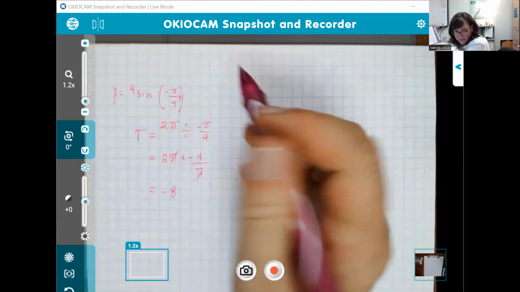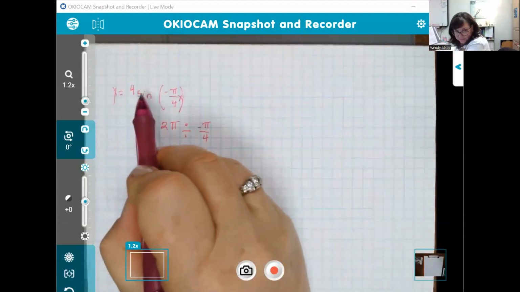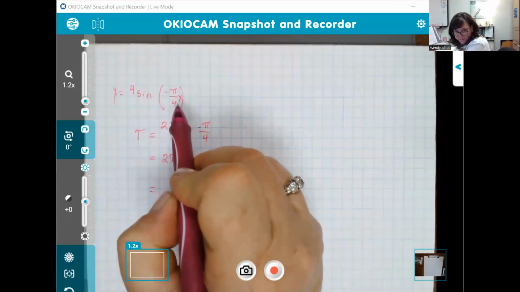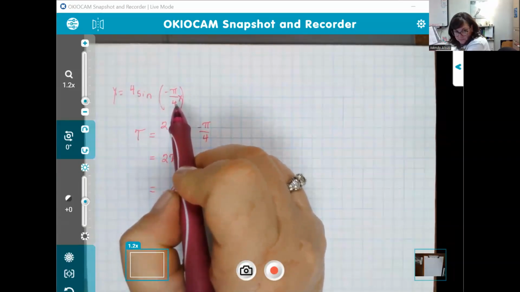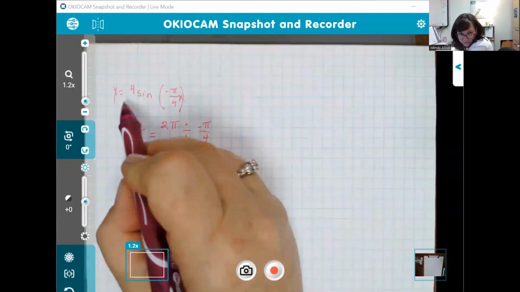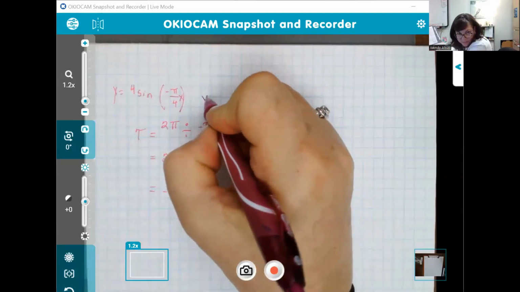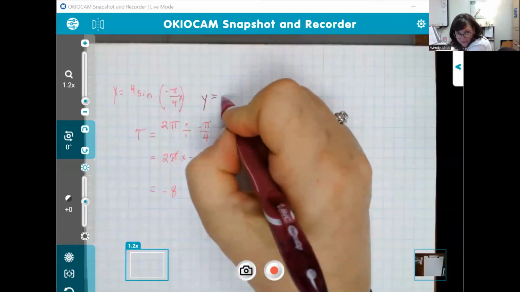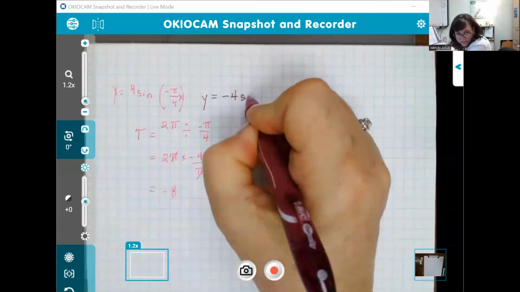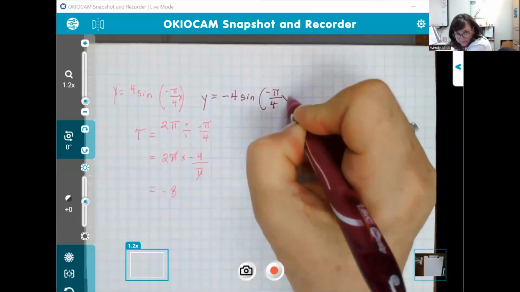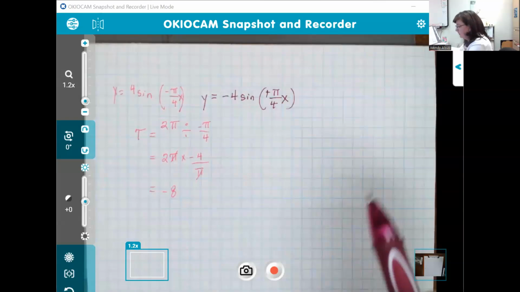So if y equals 4 sine negative pi over 4 x, then we should rewrite it here. This is going to be y equals, you can bring the negative out front, -4 sine positive pi over 4 x.